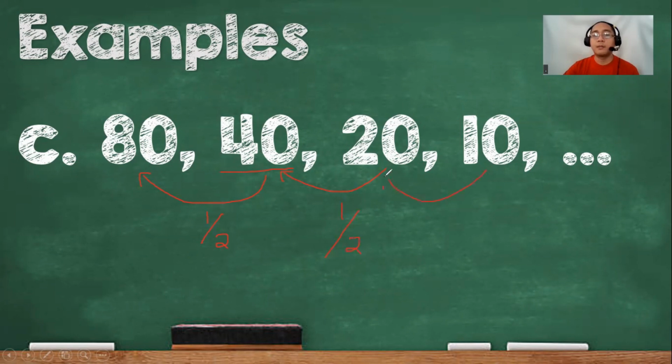And 10 divided by 20 results to 1/2. So therefore, they have the common ratio. We can say now that this given sequence is a geometric sequence. So now, that is the main step to identify if the given sequence is a geometric or not.